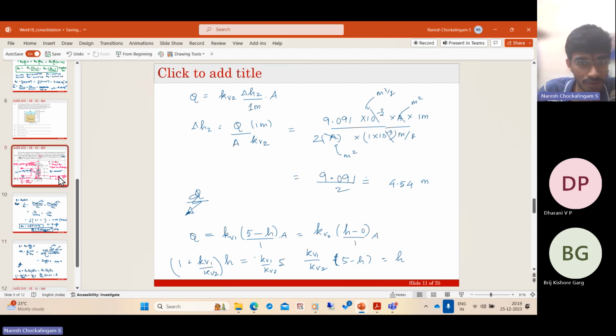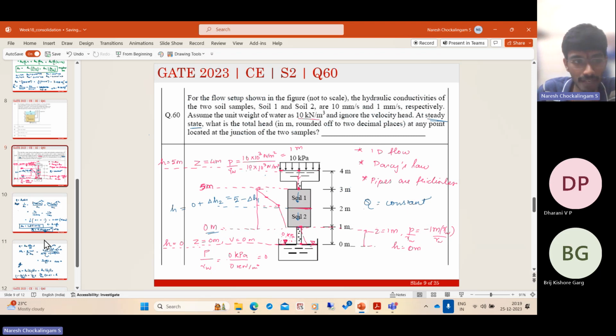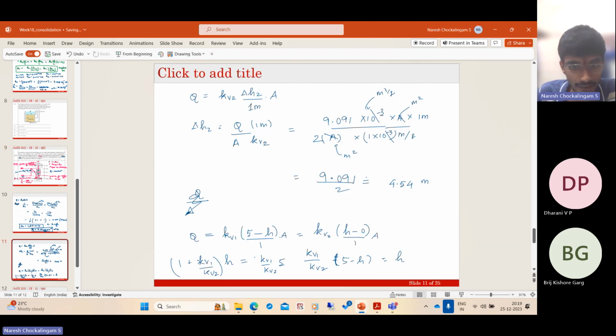So KV1 by KV2, 1 is higher, I guess. Yeah, 1 is 10, 2 is 1. So this is 10, this is 10. So you get H is equal to 50 by 11. So you can check what it is, 50 by 11. That's also the same, 4.54 meters.